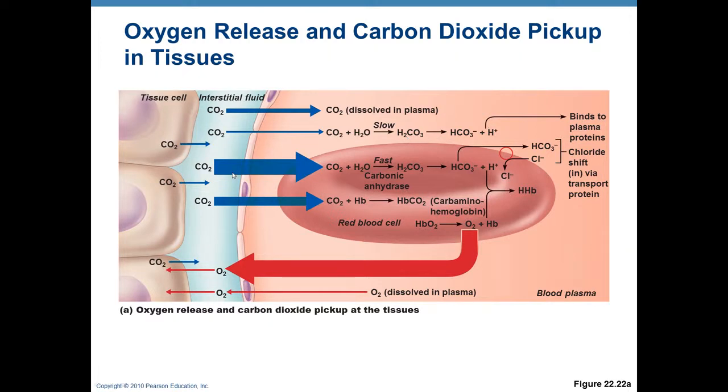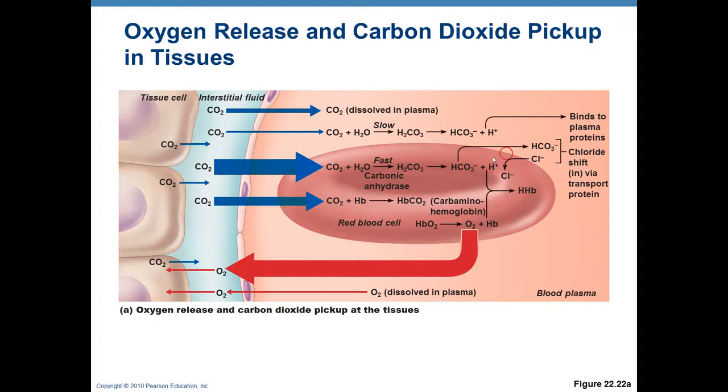But the bulk of it is going to move into your red blood cells, and the red blood cells have enzymes that make that first reaction to generate the carbonic acid happen really, really quickly. And then these will break apart and form those bicarbonate ions and hydrogen ions.